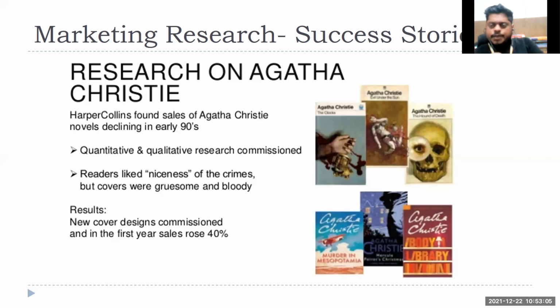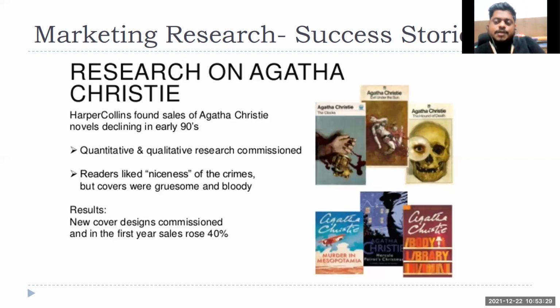So they carried out research, qualitative and quantitative. Now what happened? People were happy to read the stories, but the front cover had such gruesome, horrifying figures that they were not happy to keep that book in their library or in their houses.